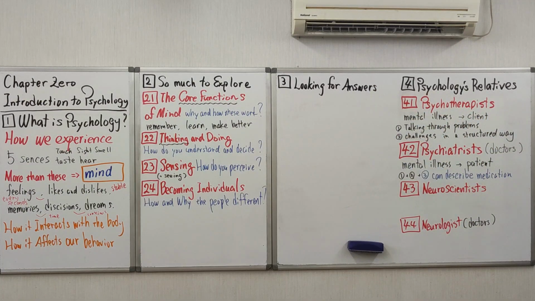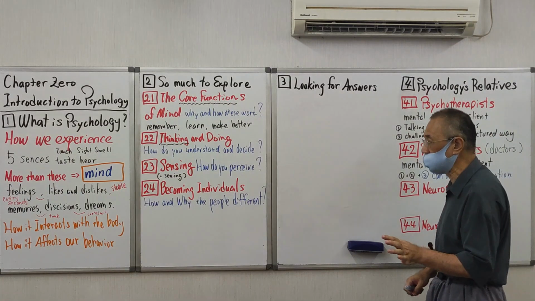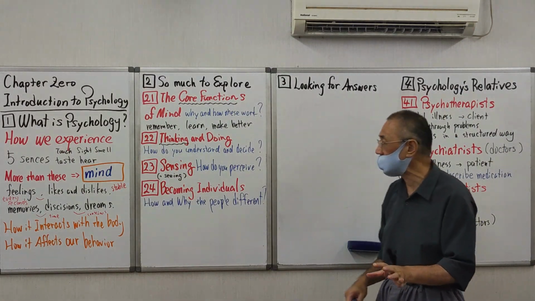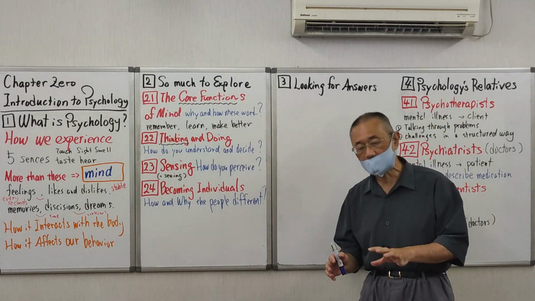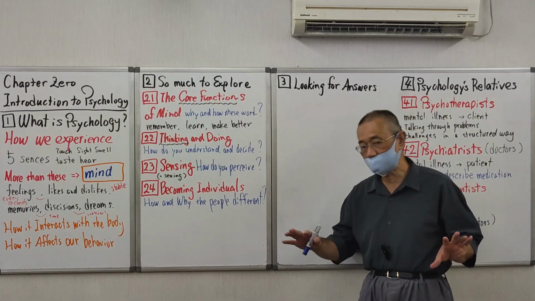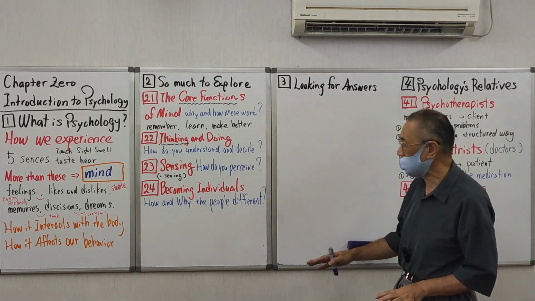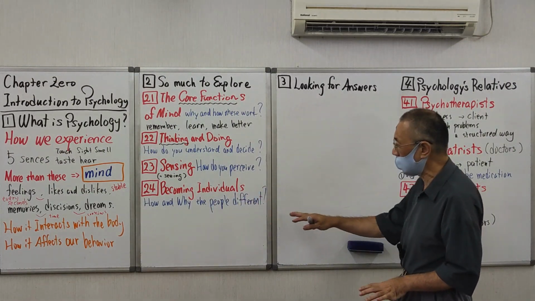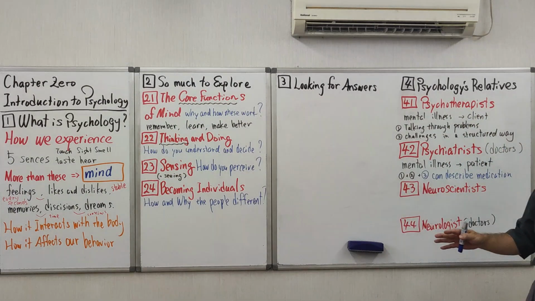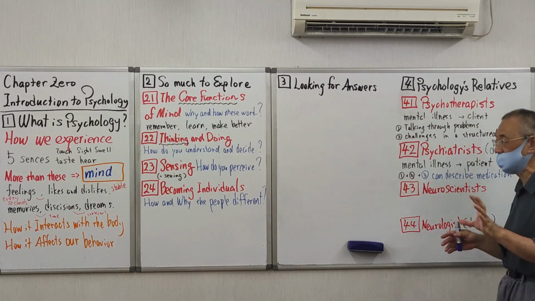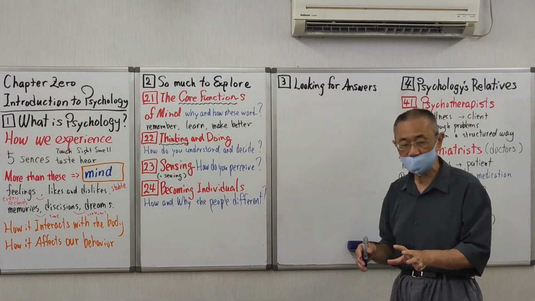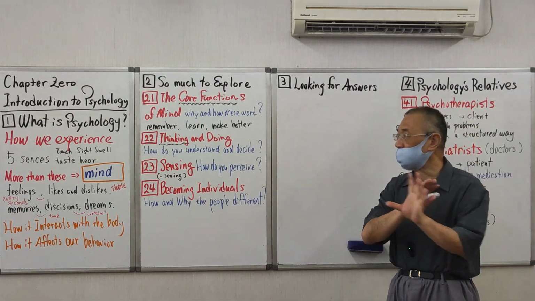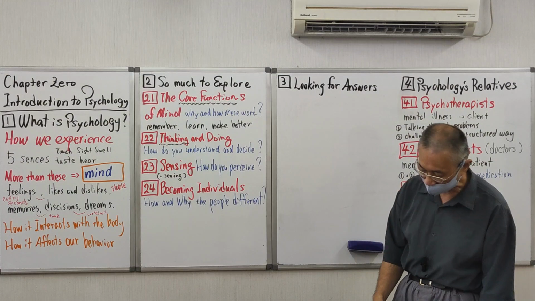Every individual has this identity, also called the self or the ID, and that is the originality. In other words, that is different from others. So how and why people are different, simultaneously we can say this is you, this is you. So this is becoming individuals.